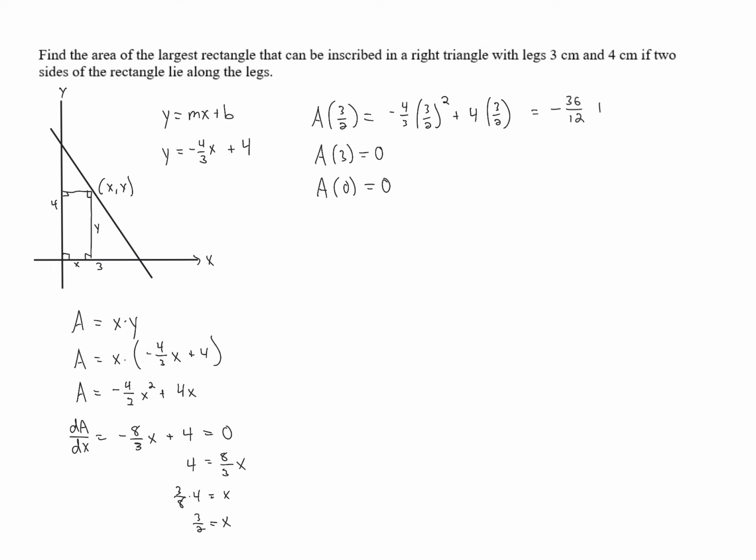And then plus 4 times 3/2 is 12/2. Well, -36/12 is going to be -3, plus 6, and that equals 3. So that means the largest the area can be is going to be 3 square centimeters, or 3 centimeters squared. And that's our answer.